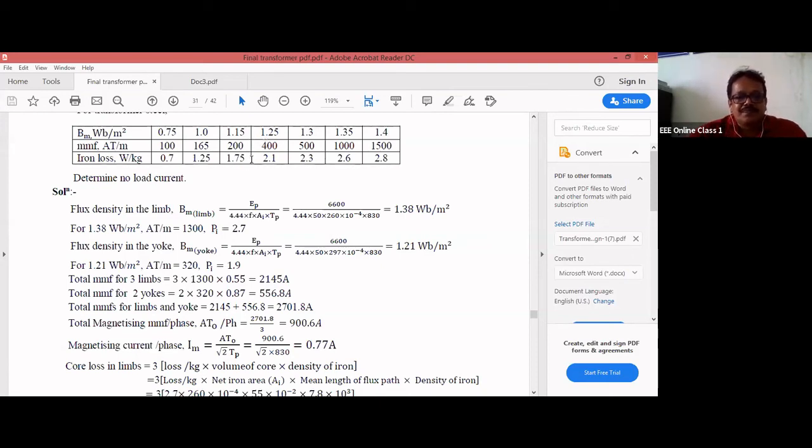Likewise, if you come here for this one, the difference here is 10. What is the difference here? You can take 2.1 minus 1.75, and you get a difference of 0.35. 0.35 divided by 10, you get 0.035.